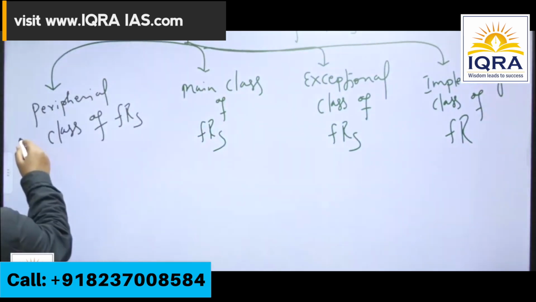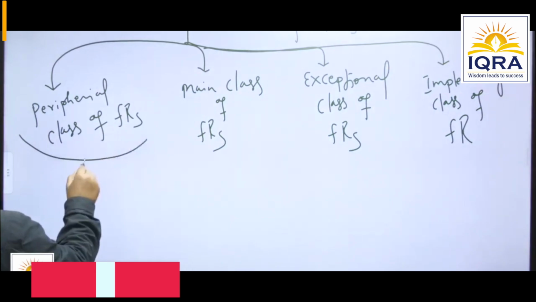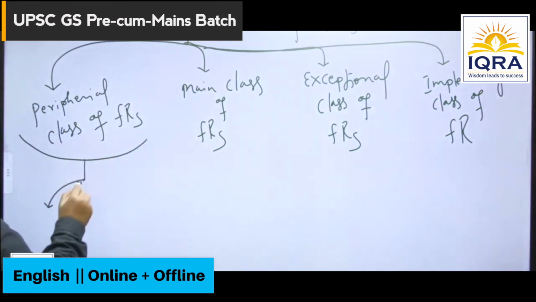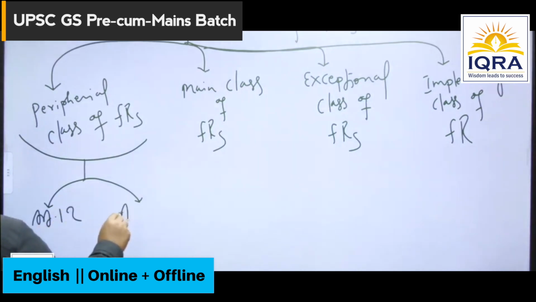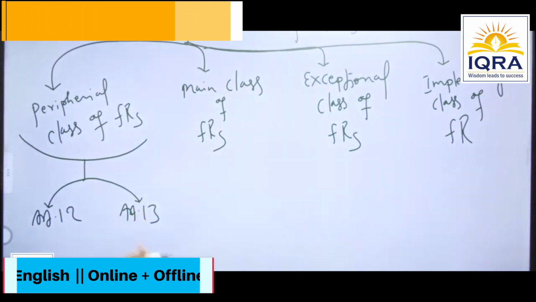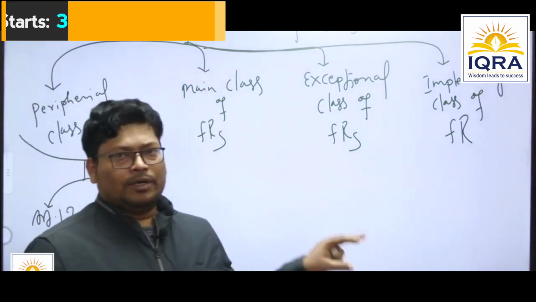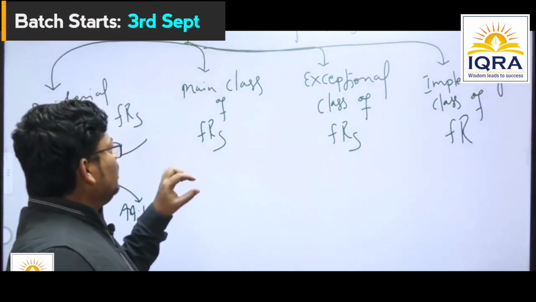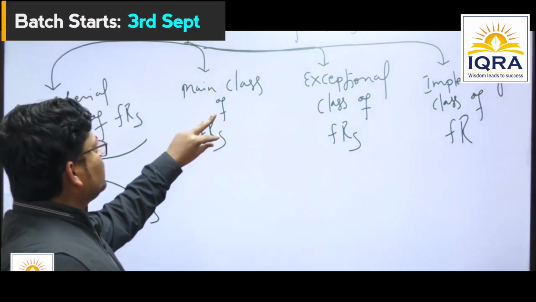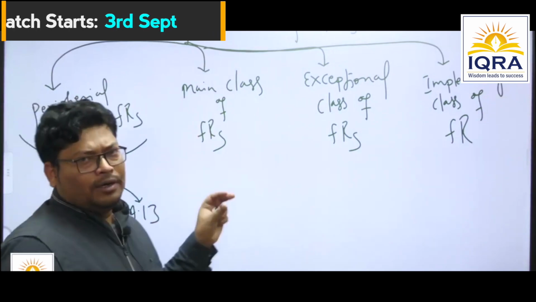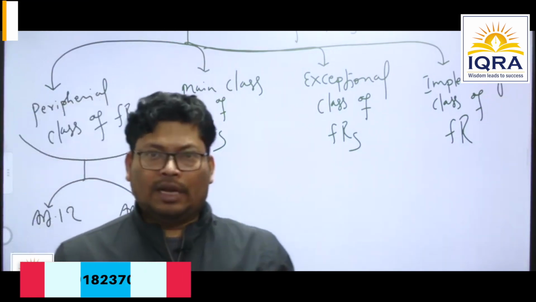Under the peripheral class of fundamental rights, we study 2 constitutional provisions, namely Article 12 and Article 13. Out of these 4 classes, only the second class, that is the main class of fundamental rights, talks about the rights actually.